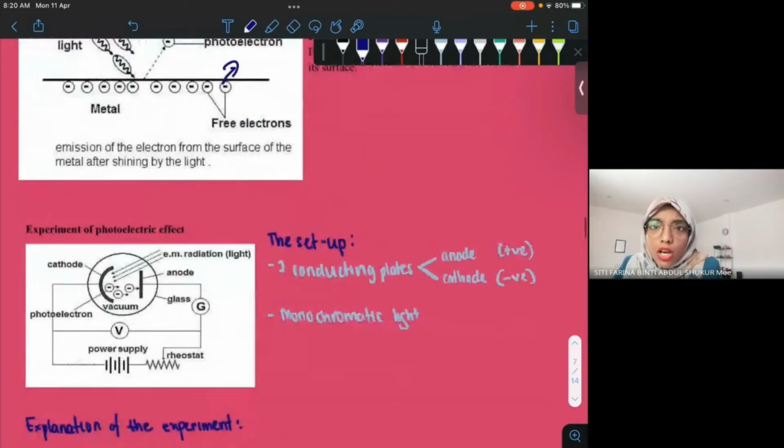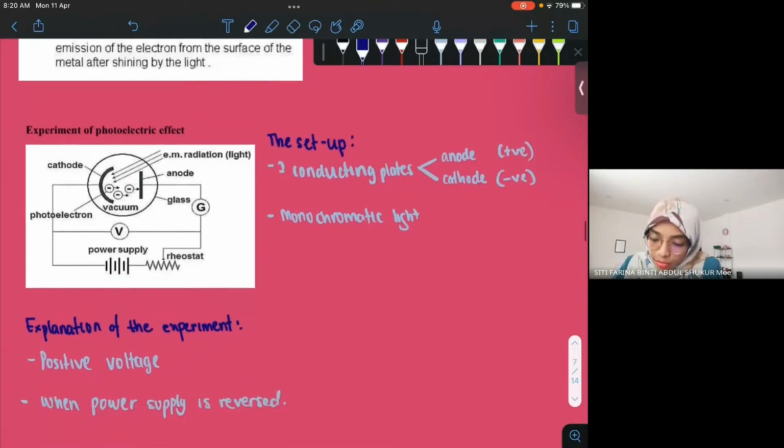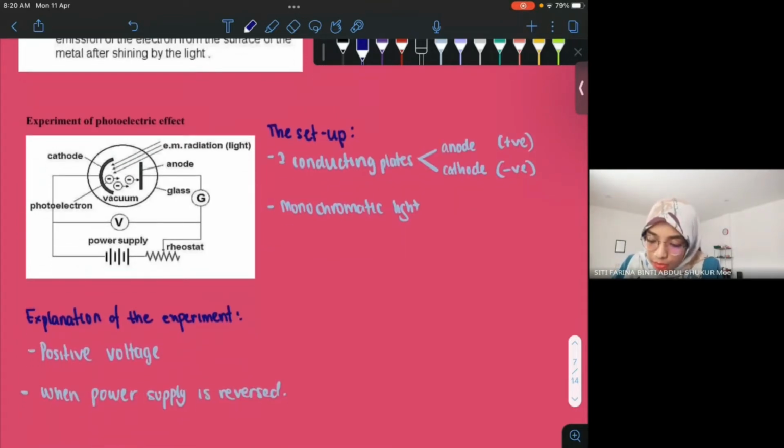Sekarang kita nak tengok how does the process of photoelectric effect occur. So this is the experimental setup lah basically. Okay, so in our setup, it must have two conducting plates. Okay, ini adalah conducting plates kita, which is the anode positive plate dan juga cathode negative plate. Okay, anode ini kalau kamu tengok connected to the power supply yang kaki positive.